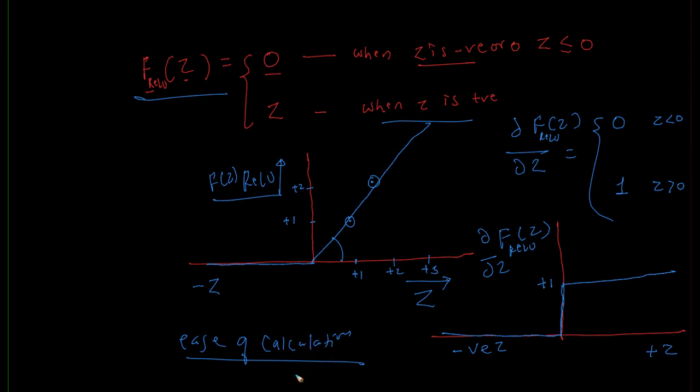Now let's see how ReLU can help us get rid of the problem of vanishing gradient. We saw that in the backpropagation stage of training a neural network, we multiply a lot of derivatives to get the derivative of loss with respect to weight. When these derivatives are very small, we get a very small value, and because of that we will not be able to update the weight.